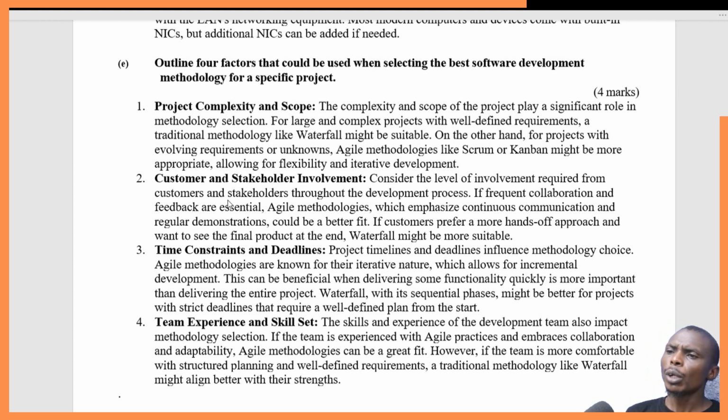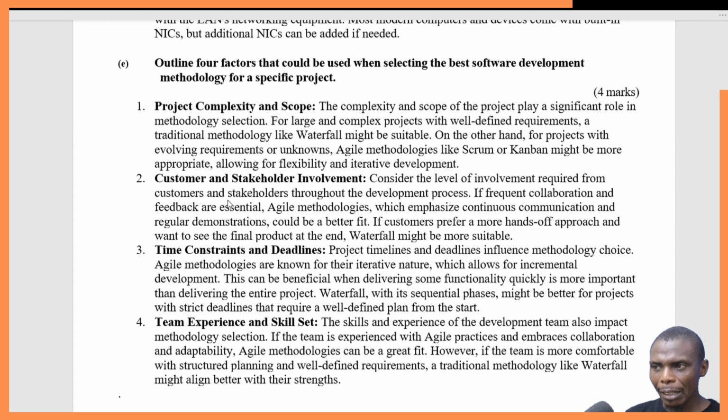For example, for a large and complex project with well-defined requirements, we could use a traditional methodology, for example waterfall. But when we have an evolving project, we could use agile methodology. Then we have customer and stakeholder involvement.